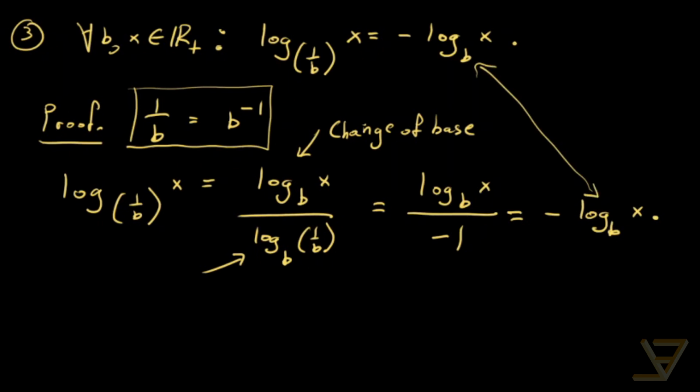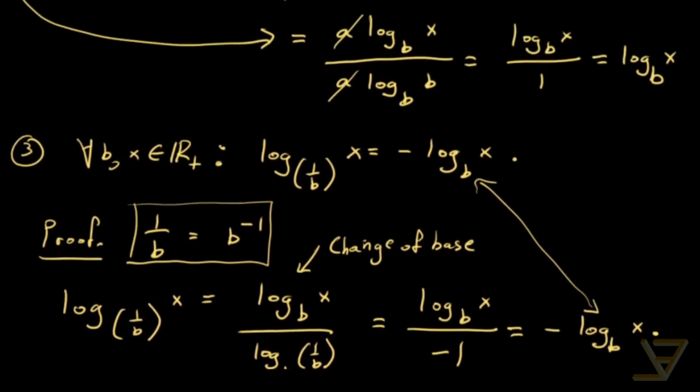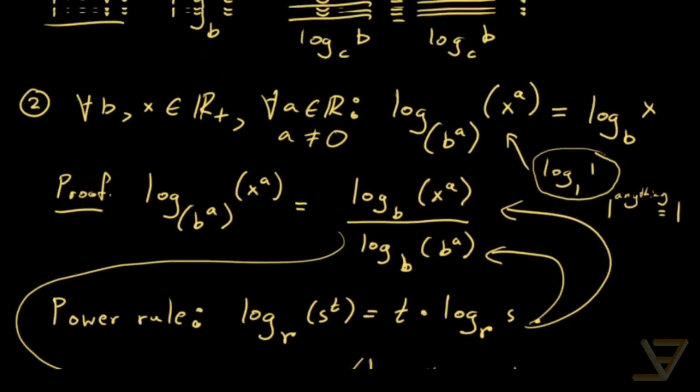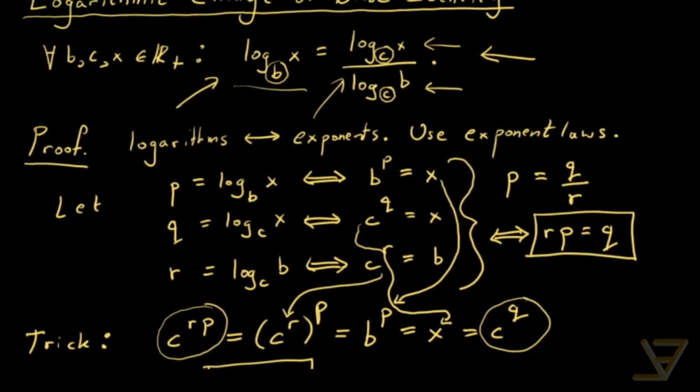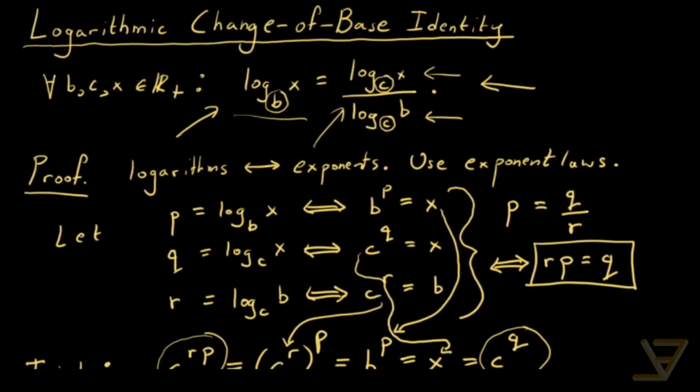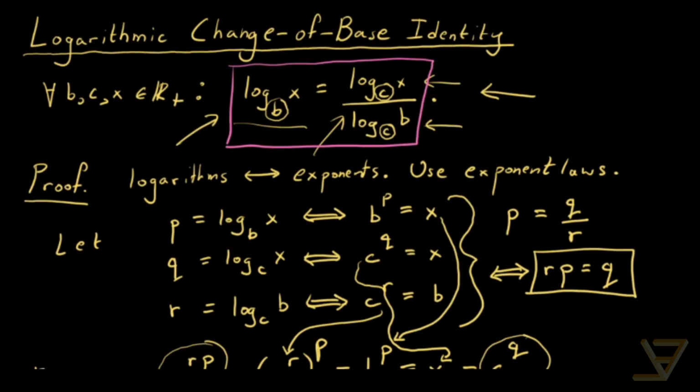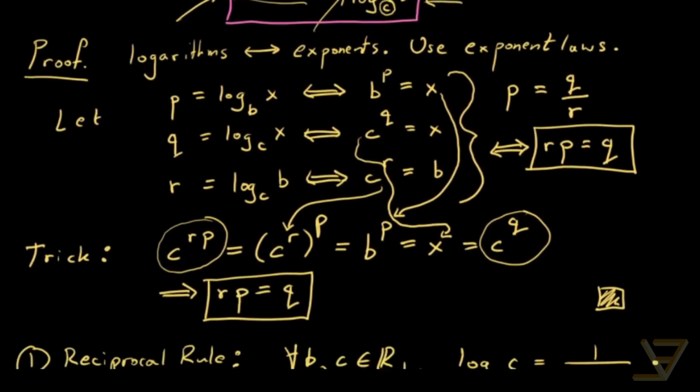Okay, so let me do a summary for you about what we did today. We started by stating the logarithmic change of base identity, which is about decomposing a logarithm into two logarithms that have a different base.